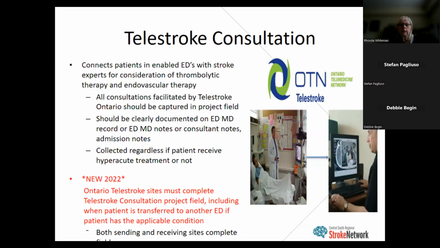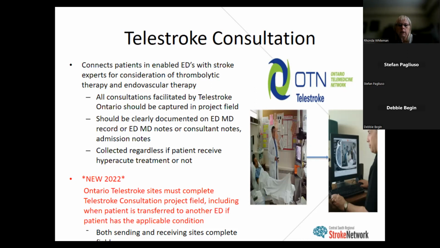You do not need to see the Telestroke physician's consult note to code this special project field.